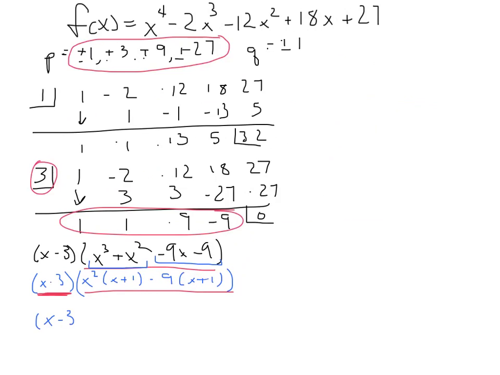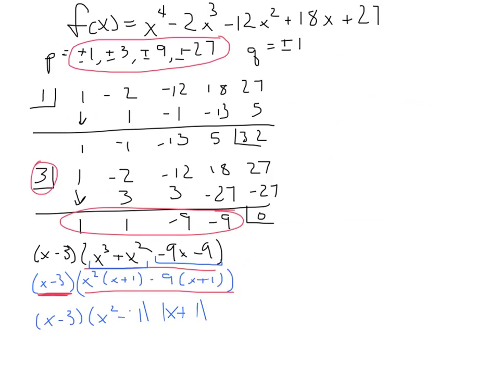So we'll get x minus 3 times x squared minus 9 times x plus 1. And do make sure when you get down farther, right to here, we keep an eye out for things that can be factored further, like our difference of squares right here. So my final factoring then is going to be x minus 3 times x minus 3 times x plus 3 times x plus 1.